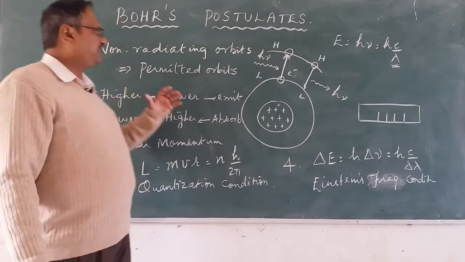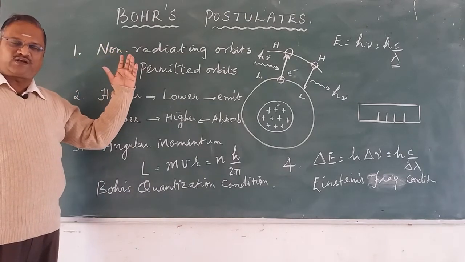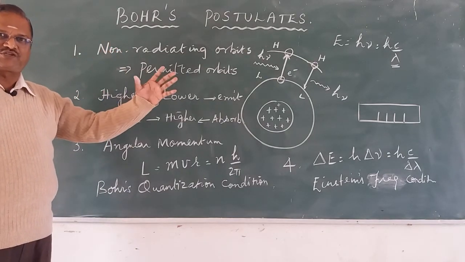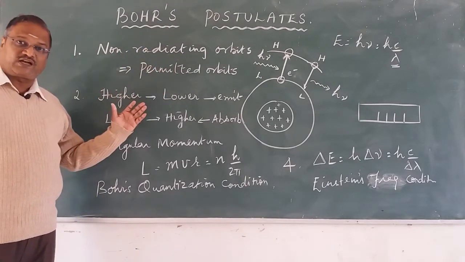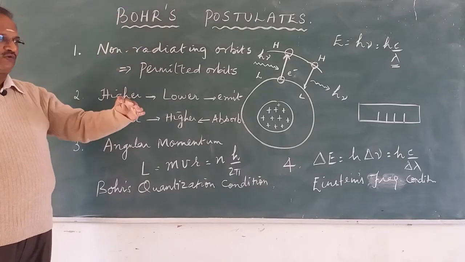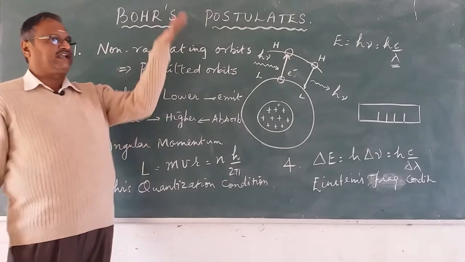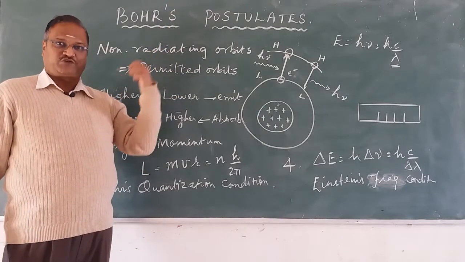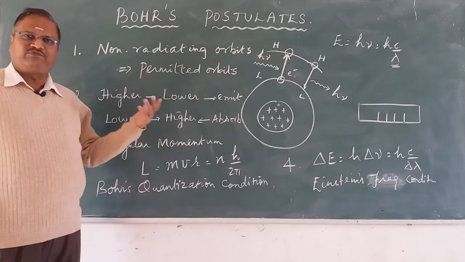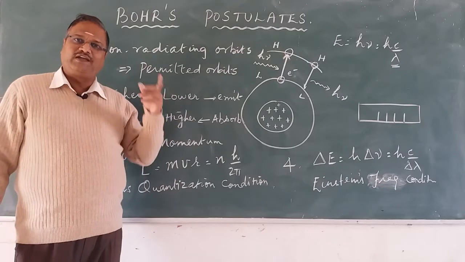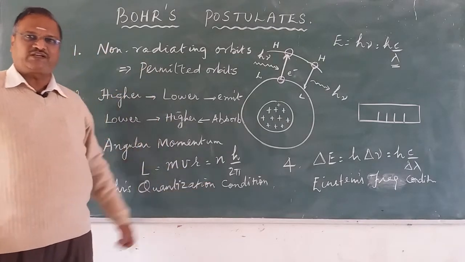So in this we are seeing Bohr's postulates. 1, electrons revolve around in non-radiating orbits which are called permitted orbits. 2, when an electron jumps from a higher level to a lower level, it emits energy. When it rises from a lower level to a higher level, it absorbs energy. 3, angular momentum mvr is an integral multiple of h upon 2 pi, and that is called Bohr's quantization condition.